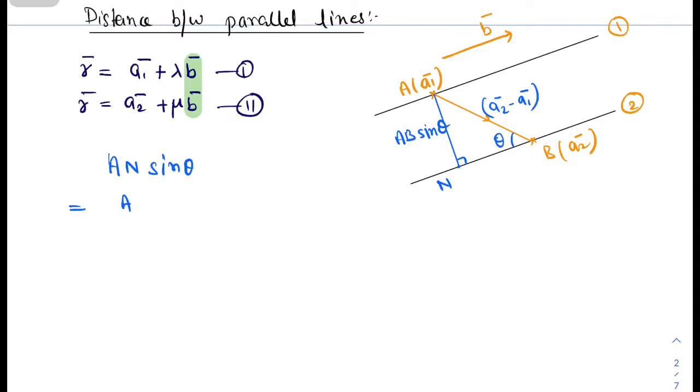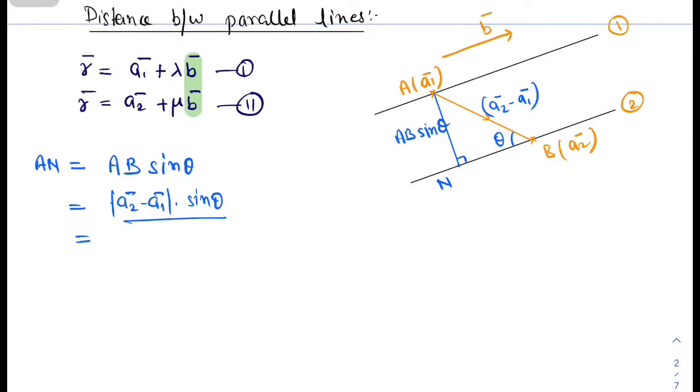This is AB sin theta. Okay, we are required to find AN. So this AN is AB sin theta. This AB is nothing but the magnitude of our A2 minus A1 vector.